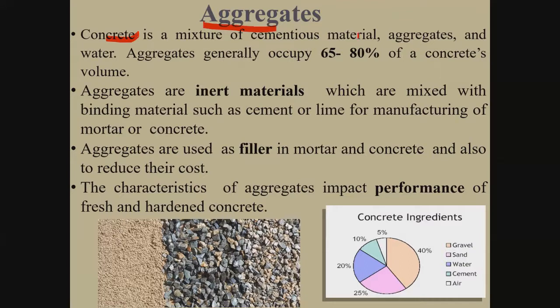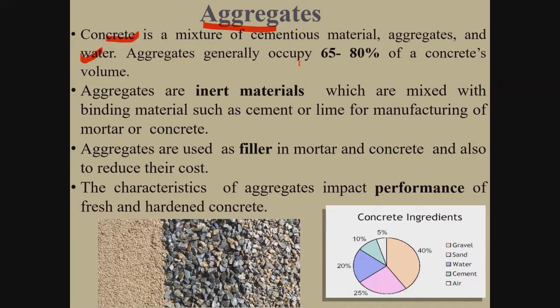As a coarse aggregate, we are using crushed stone, and as a fine aggregate, we are using sand. These two entities, aggregates and cementitious material, will be mixed in the presence of water to give us a homogeneous mix, which is known as concrete.